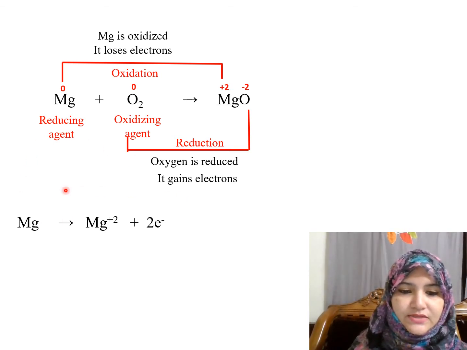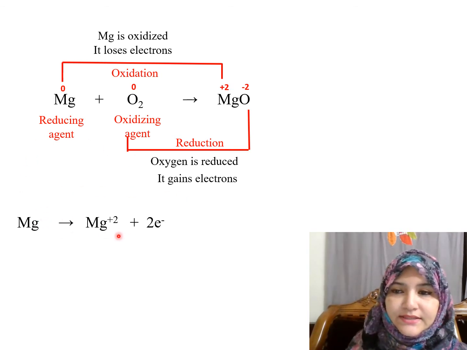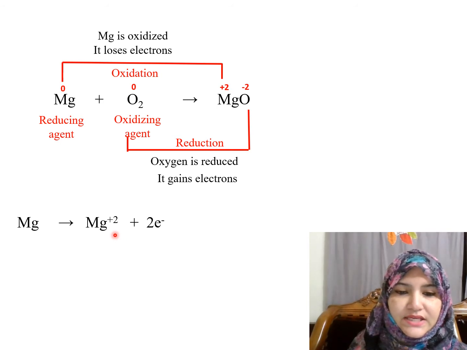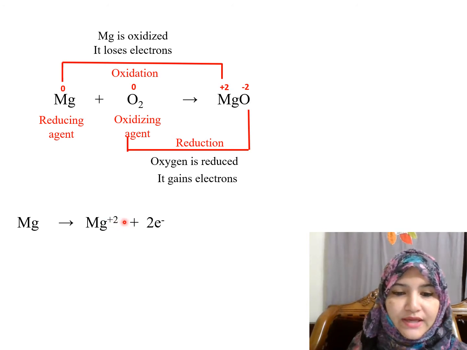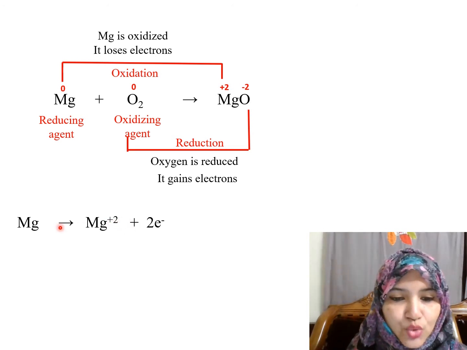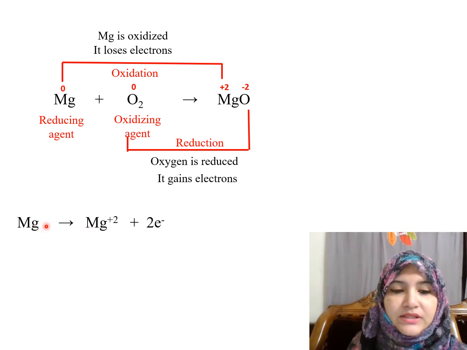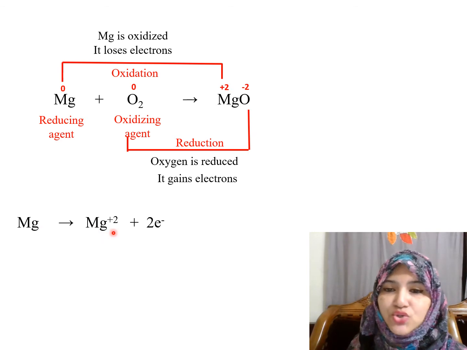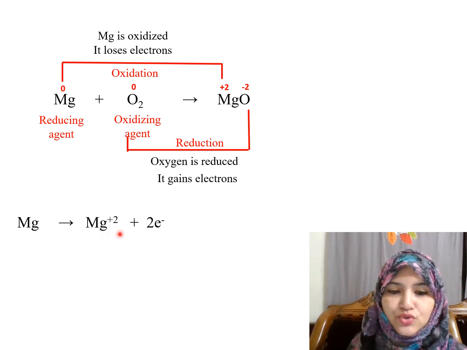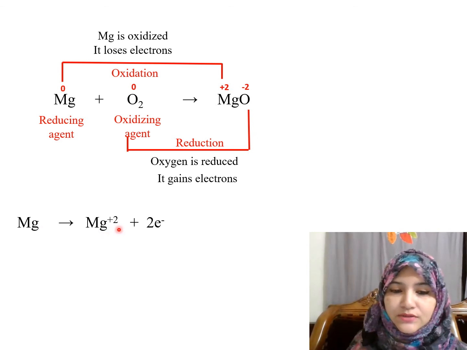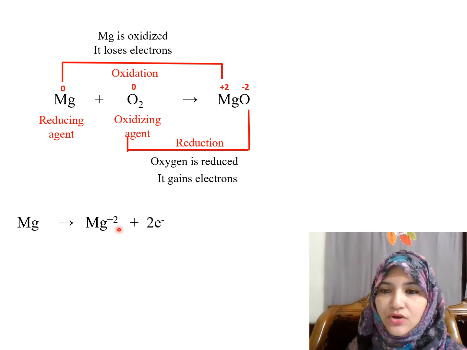Look at this reaction, this magnesium ion has a +2 charge. In order to become a +2 cation, it has to lose 2 electrons. The pure metallic magnesium has to lose 2 electrons to form a cation, magnesium 2+.